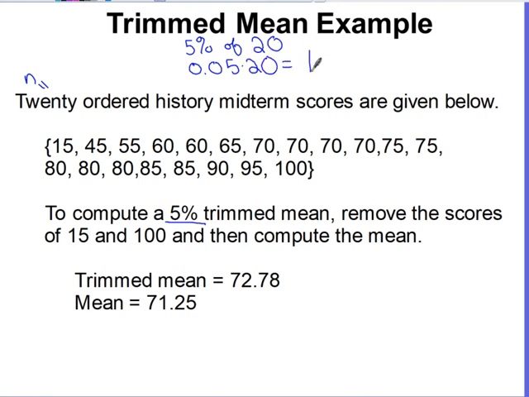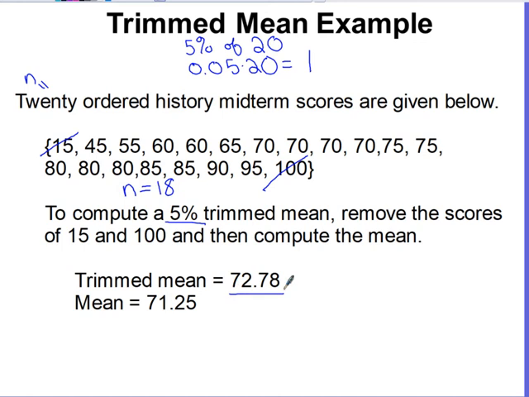That 1 means that you're going to trim off the lowest, but you can't discriminate on the low numbers. You also have to take away from the top, which means that now we're left with 18.